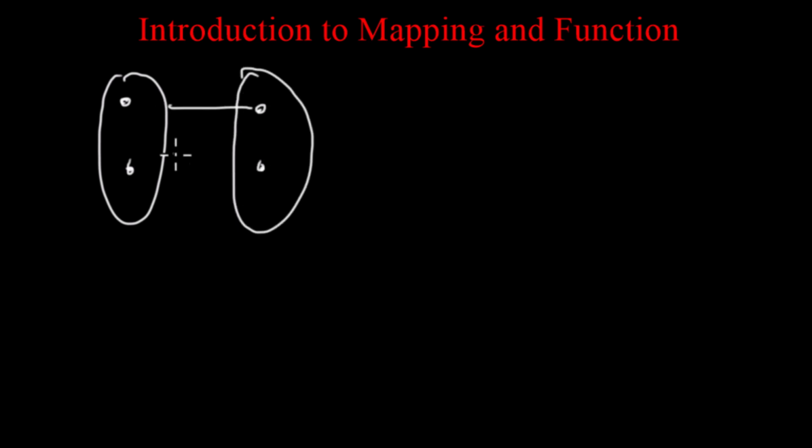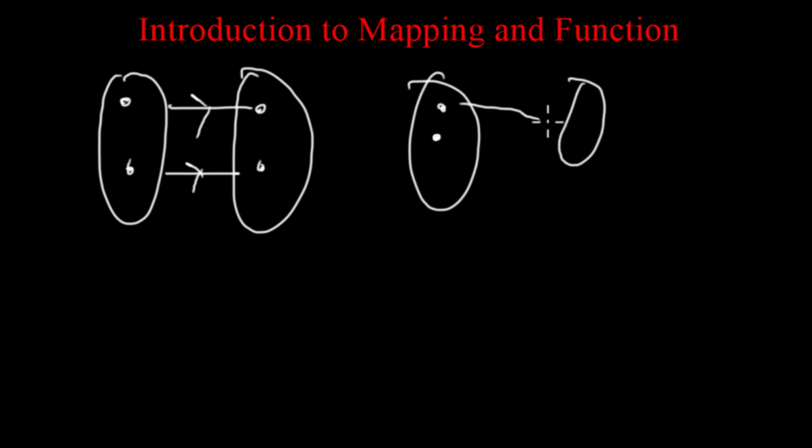So you can either have this and this. You can give a function like this. You can also be given a function like this. And then this is mapping out to a single point here, a single point. So this method of representing a function, we refer to it as the arrow diagram method.